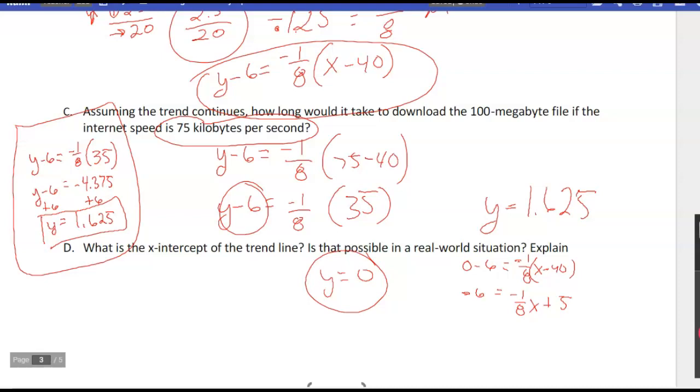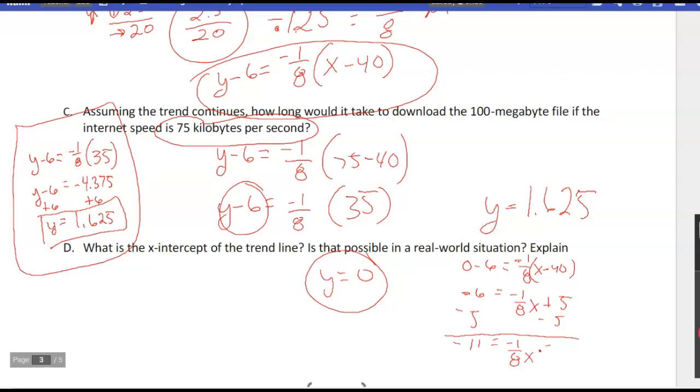Now we have to go all the way back to the beginning of the year algebra. What do we do here? Well, we subtract 5. That becomes negative 11. How do we get rid of a fraction?